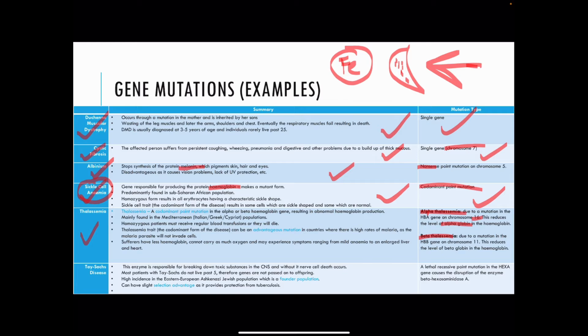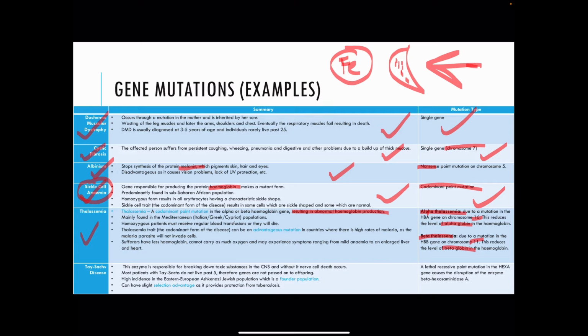With beta thalassemia, the mutation instead is on chromosome 11, and so the level of beta globin in the hemoglobin is reduced. So alpha and beta thalassemia both result in abnormal hemoglobin production, but they differ in which chromosome the mutation is on and specifically which form of globin is mutated.